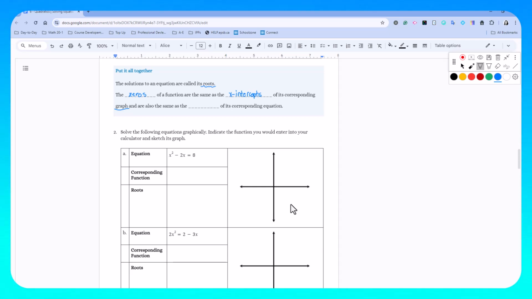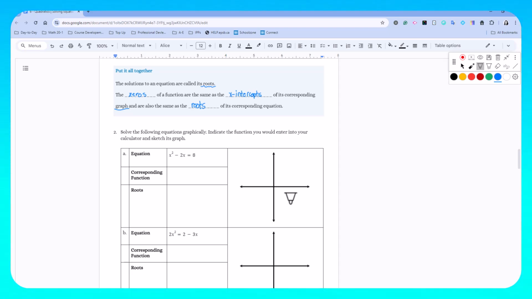And zeros of the function are the same value as the x-intercepts of its corresponding graph, and also are the same as the roots of this corresponding equation. A lot to take in there. It's a bit of a mind twist with the use of the vocabulary, but you will get used to it.